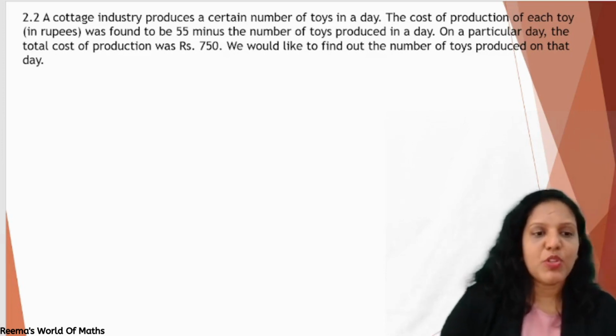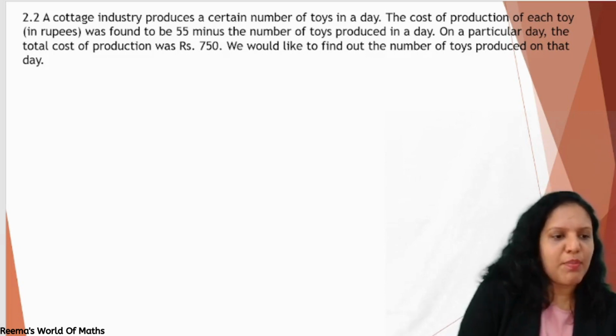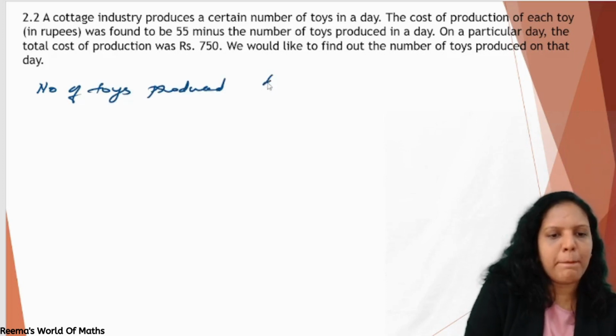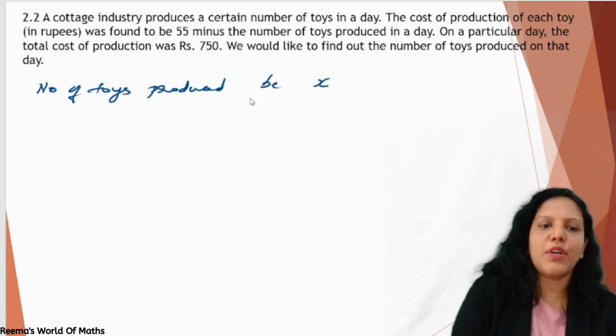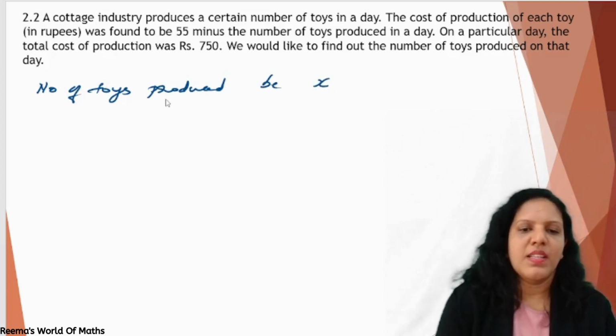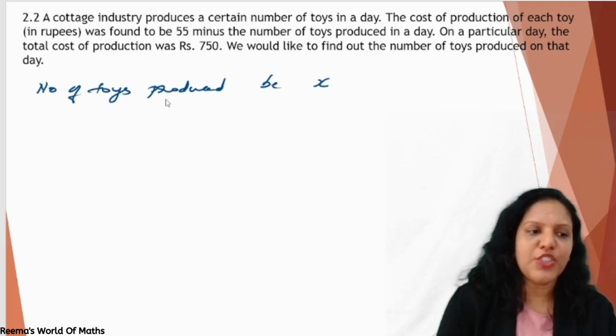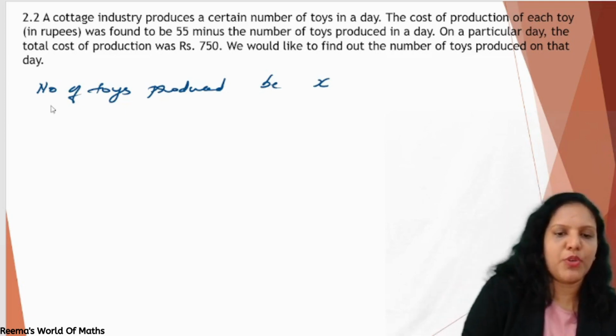So a cottage industry produces a certain number of toys in a day. Let the number of toys produced be x. Then the cost of production of each toy in rupees was found to be 55 minus the number of toys produced.